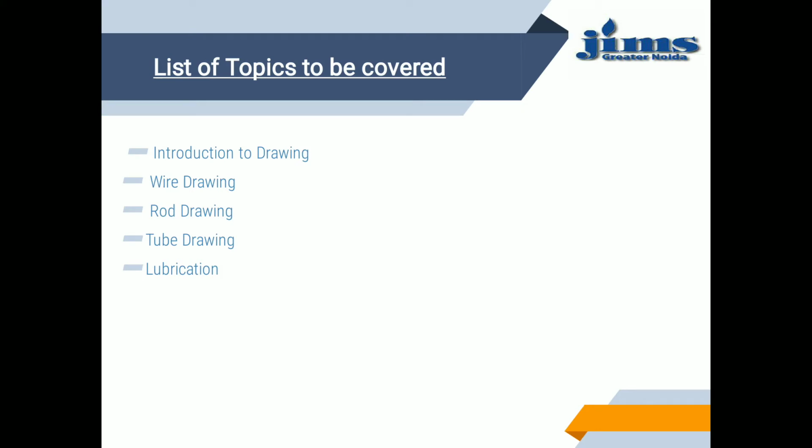Drawing of metal by various processes can be classified generally into three categories: wire drawing, rod drawing and tube drawing. Apart from that, we will also discuss lubrication. What is the role of lubrication in drawing of sheet metal?